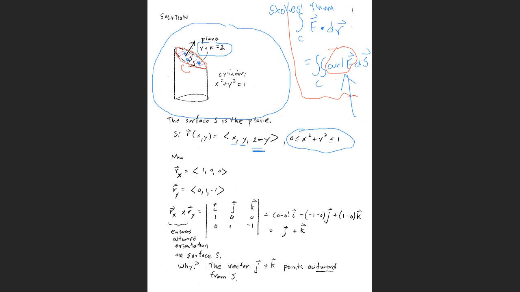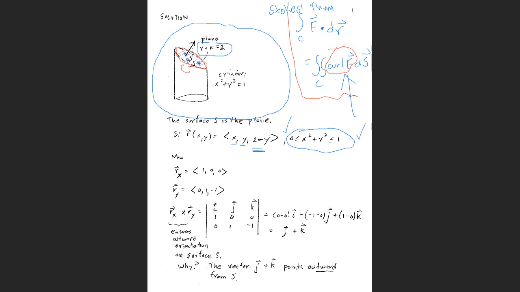So we have our vector equation for our plane, and we have our restrictions on our parameters. So now I'm going to find a flux integral.